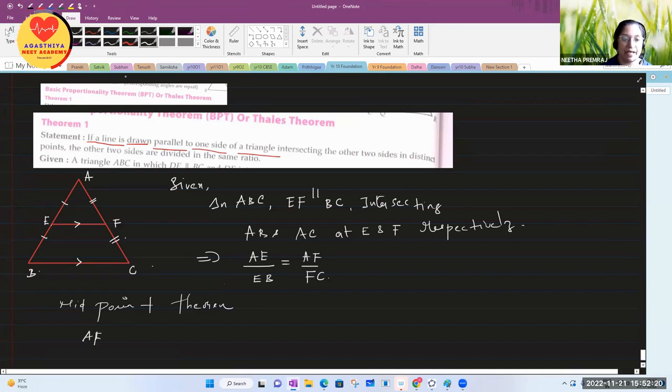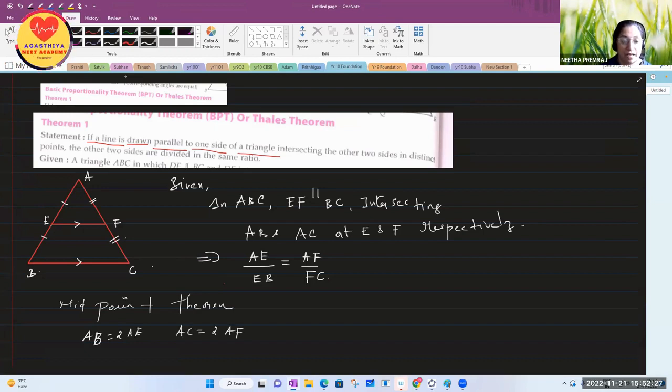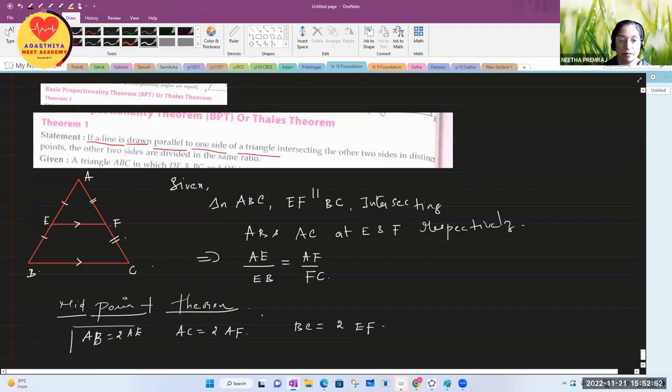AB is equal to 2 times AE, and AC is equal to 2 times AF. And BC is equal to 2 times EF. This is called the midpoint theorem. If the line passes through the midpoints of the sides, then these concepts will be applied. This is called midpoint theorem.